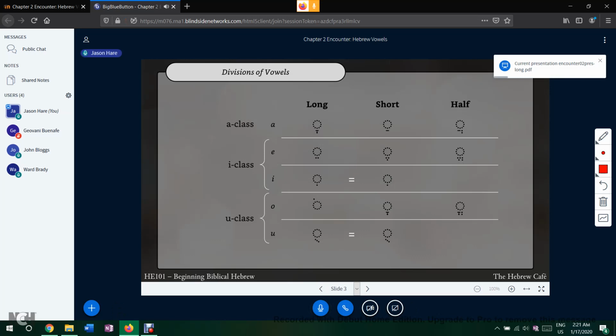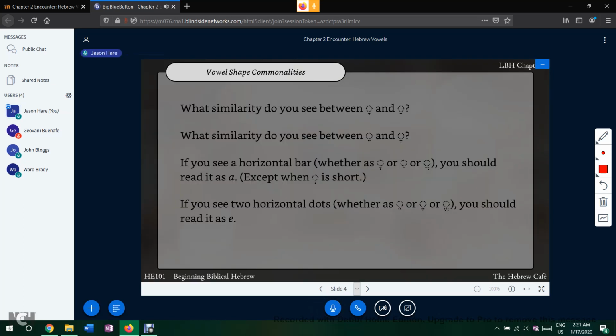Now, this is stuff we already went over. This is long, short, and half, or reduced. If you need, I can send you a snap of this slide. Let's see, what similarity do you see between this and this? Remember the horizontal line is A. These are the A vowels.